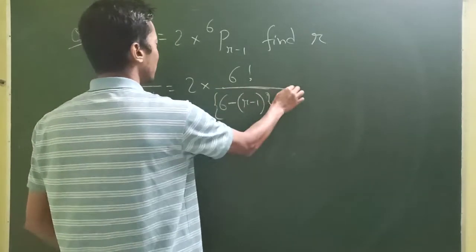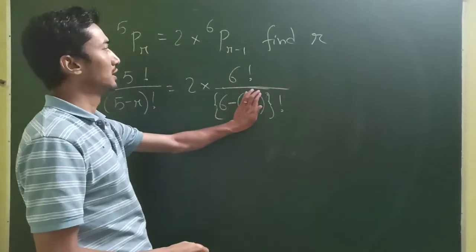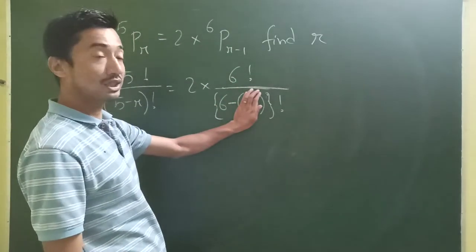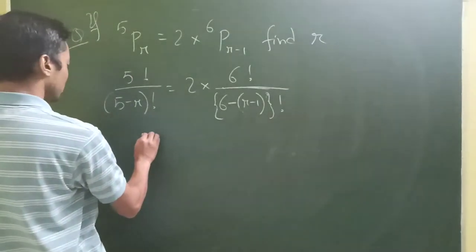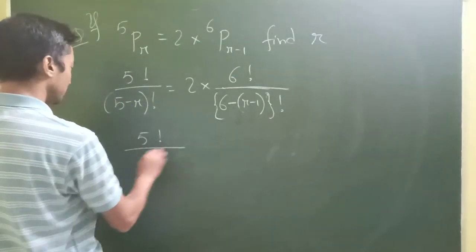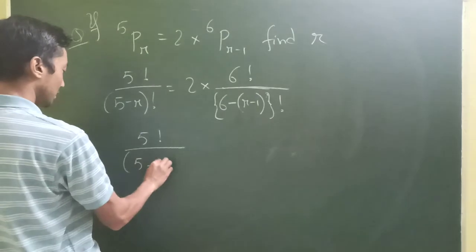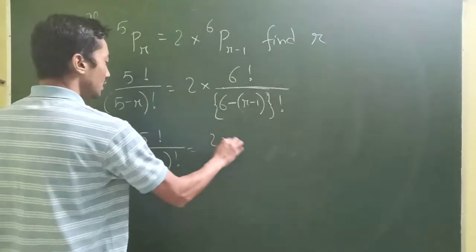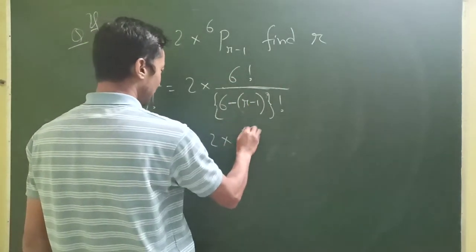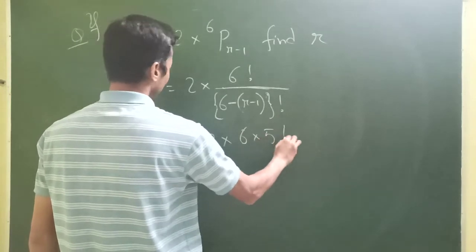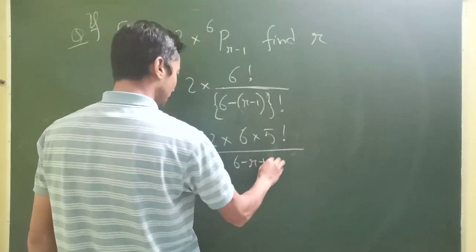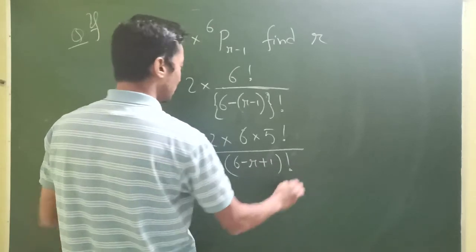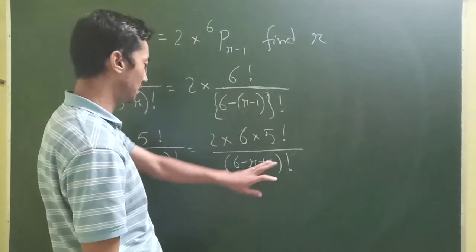Now, just now I reminded you about this negative value: nPr, n minus r, what is r? r minus 1. I hope that is clear, isn't it? So 5 factorial over (5 minus R) factorial equals 2 into, now 6 factorial, I can write 6 into 5 factorial, no problem, over (6 minus R plus 1) factorial.